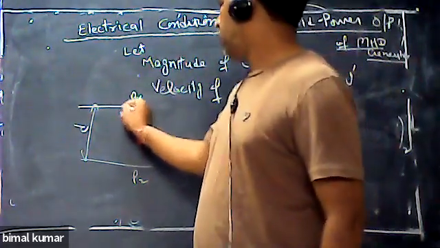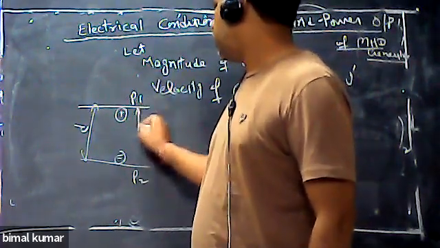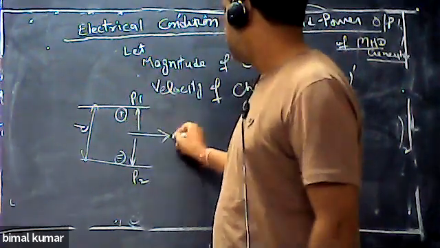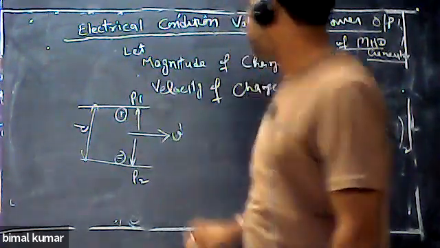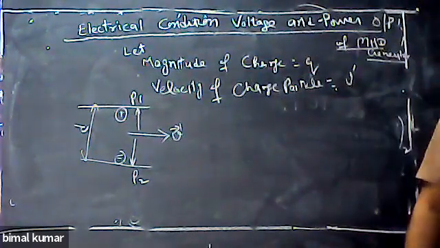Across P1 we have the positive charge polarity, across P2 we have the negative charge polarity, and in between, with a velocity of V dash, the particle will be moving towards the right.